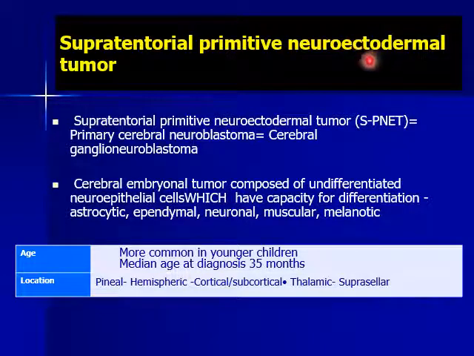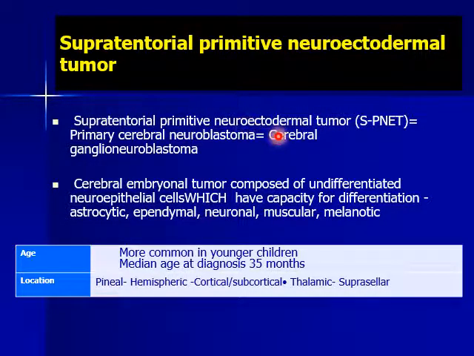Supratentorial primitive neuroectodermal tumor, which is called supratentorial PNET, and some people call it ganglioneuroblastoma or primary cerebral neuroblastoma. It affects the supratentorial region, and as we have explained before, it is a tumor of infants and young children.